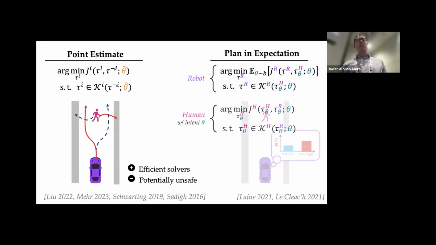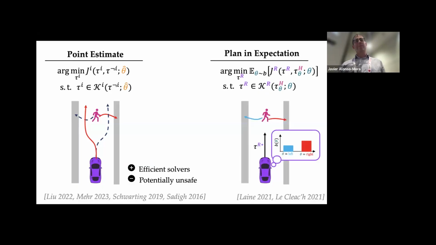What can happen if you do that is that this could be conservative. You will be safe in the sense that you are avoiding everything with the probability distribution that you have at that point, but your robot could become very conservative. For example, if you have 50-50 for going left or right, your robot might just go straight, slowing down because it doesn't really know what to do. That one accounts for uncertainty, but there is no future information gain, so it can be conservative.